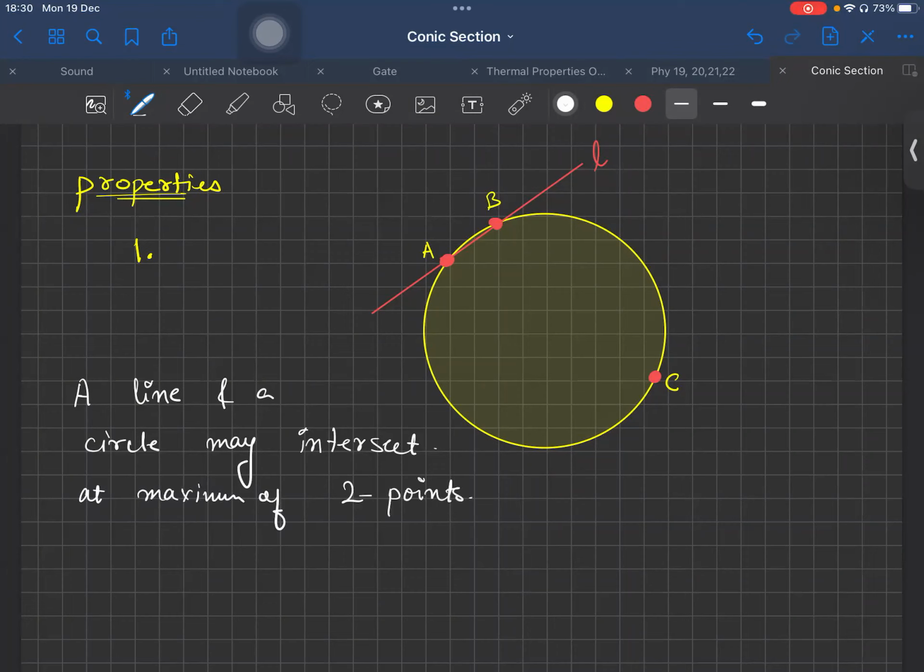It cannot intersect at more than 2 points. There is no circle that will pass through 3 collinear points.